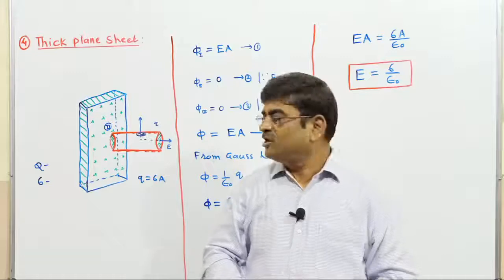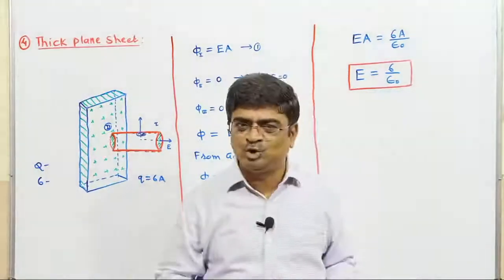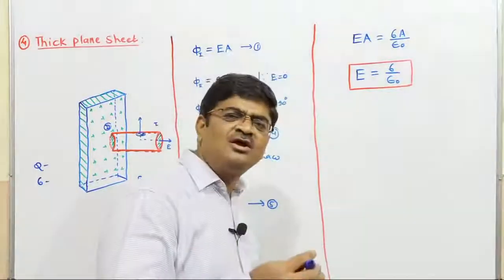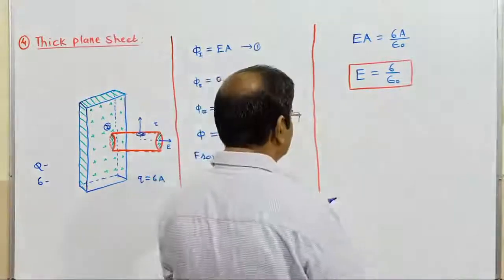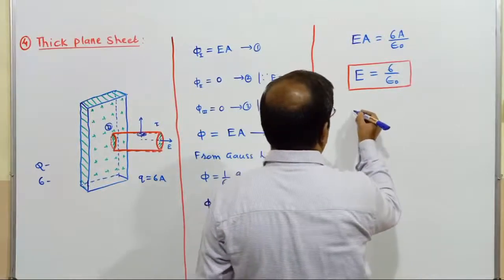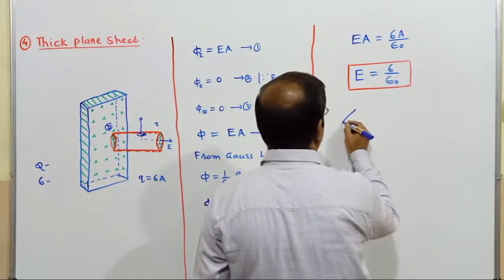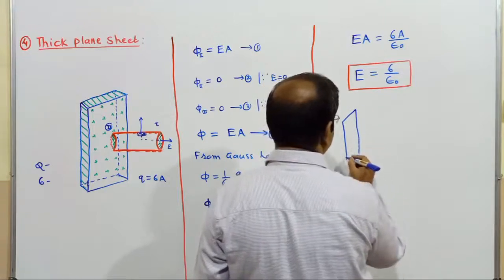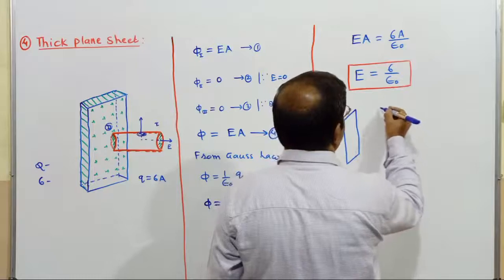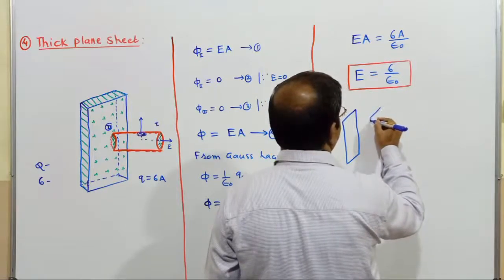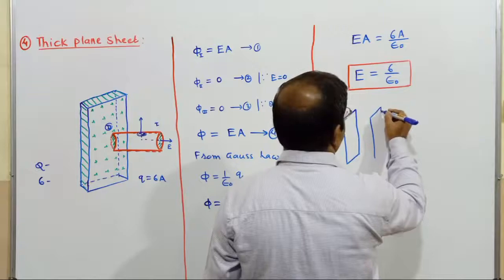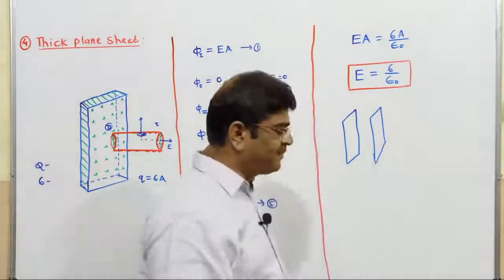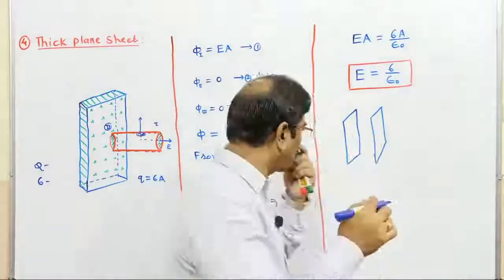thick sheet. Now by having understood these two, suppose in case I am asked to calculate or deal with a situation like this. I have got two sheets arranged parallel to each other like this.